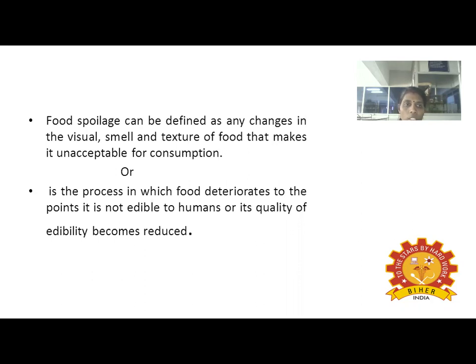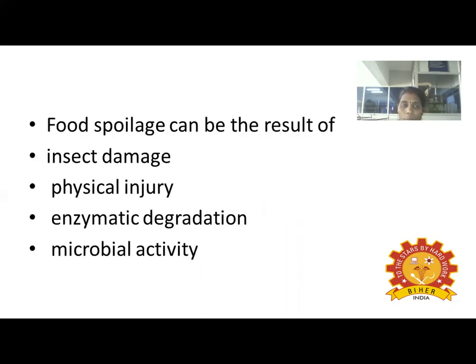Food spoilage is the process in which the food deteriorates to the point that it is not edible to humans, or its quality of edibility becomes reduced.